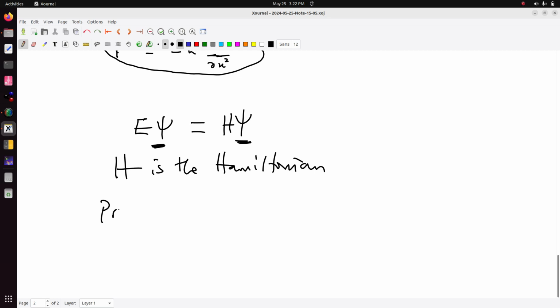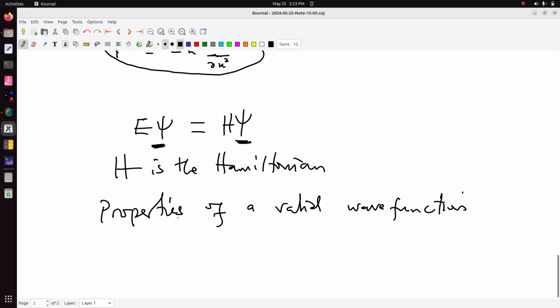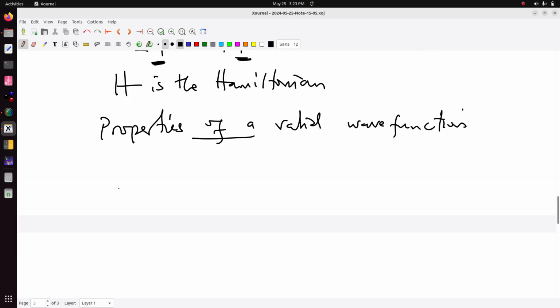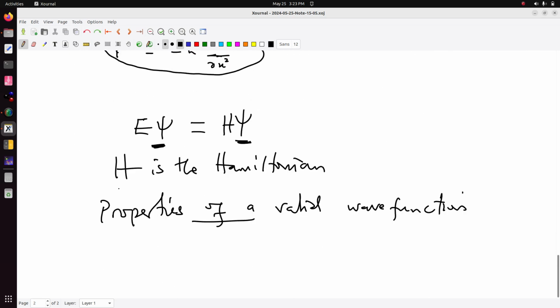Okay, so let me write the properties of a valid wave function. Number 1 is that it must be single valued. The wave function, which is psi, must be single valued.